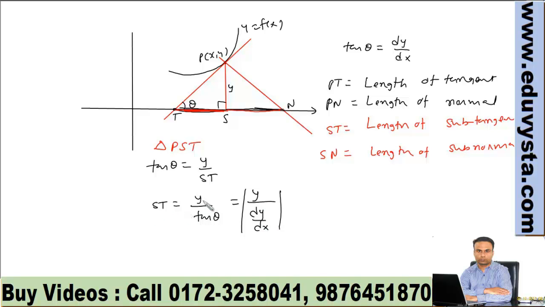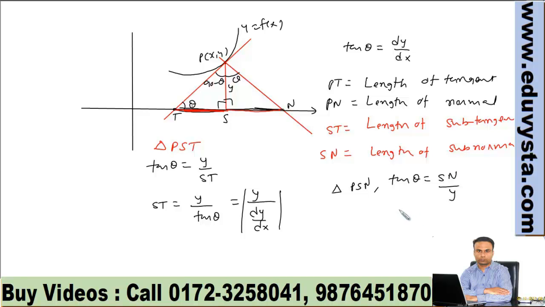To get the length of subnormal, we will consider triangle PSN. In this triangle, this angle is theta, then this angle is 90 minus theta, then this angle will be theta. So in triangle PSN, tan theta is equal to SN divided by y. The SP length is y.